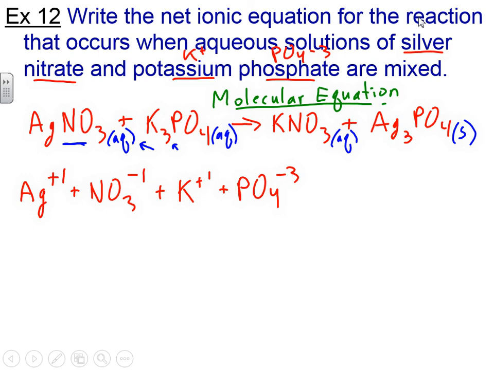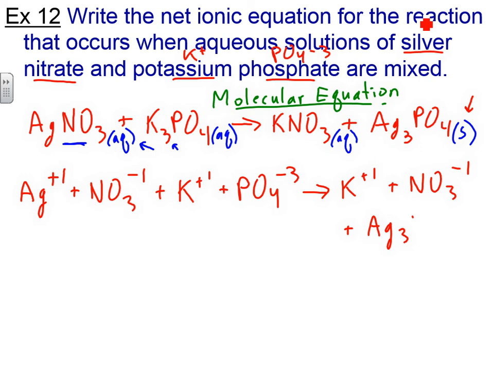All right, and then for my products, it looks like potassium and nitrate are still aqueous, which means we still split them up. So we've got potassium plus nitrate. Now, silver phosphate, Ag3PO4, is the solid one, the one we don't split up. This is the only one that's not split up.